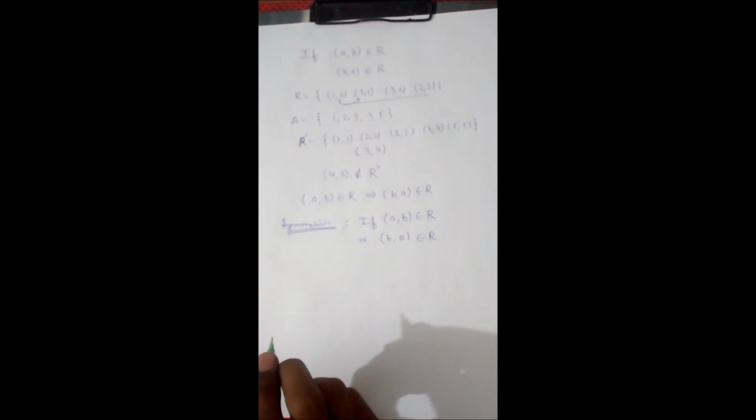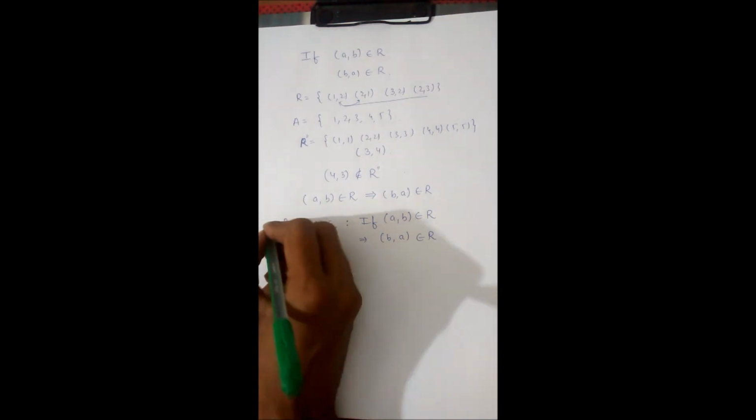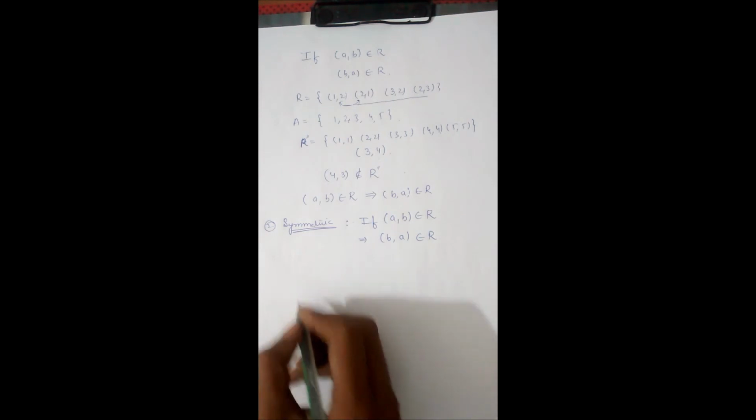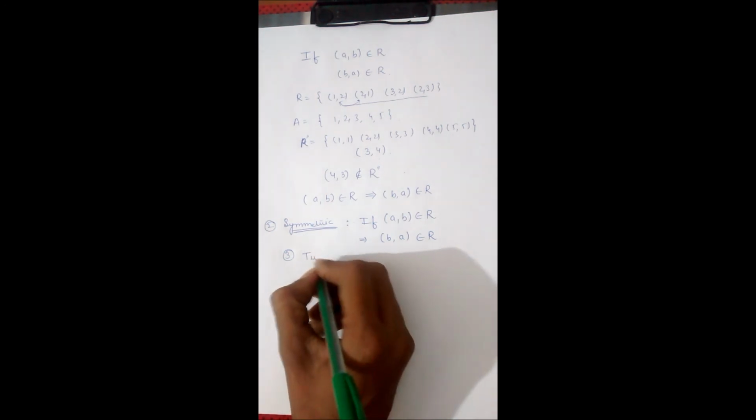It means if (1,2) is in the relation, then (2,1) should be in the relation. If (1,3) is in relation R, then (3,1) should be in relation R, for every existing pair. Clear? We will do examples in the coming videos. Now, this was my second condition in order to make a relation an equivalence relation. What was my third condition? The third condition is called transitive.